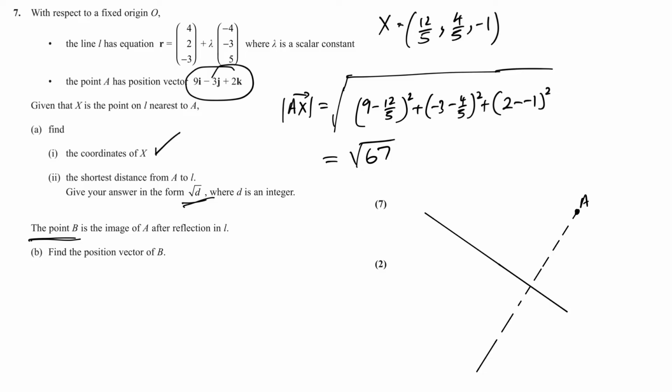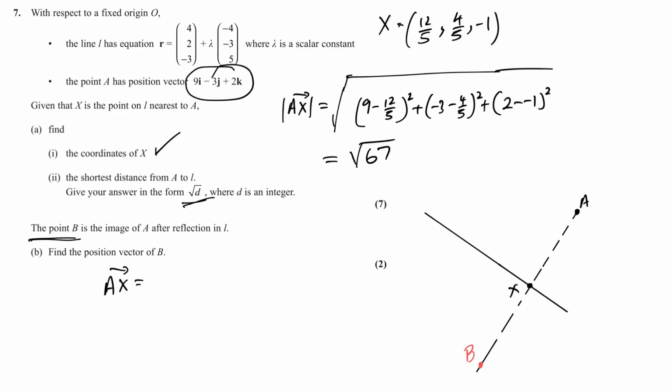We had an A, and that was our X. So something along those lines. So if we reflect in L, then our B should be further along this line and the same distance away from X, wouldn't it? So AX will be the same as XB.